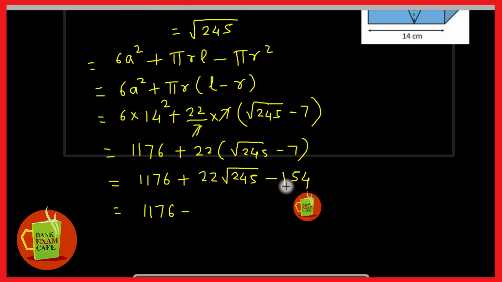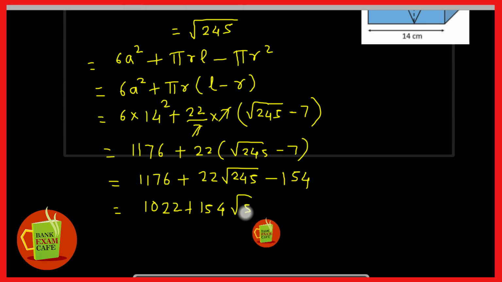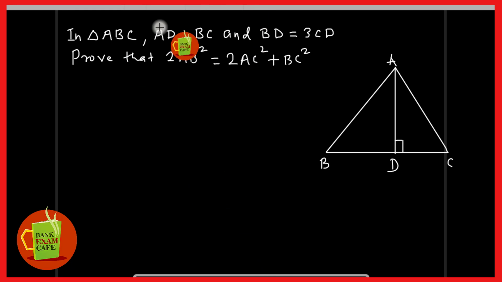We will do this subtraction, 1176 minus 154, that will be equal to 1022 plus, here this 245 can be written as 7 root of 5, correct? So it will be 22 into 7, that is 154 into root of 5, and therefore the area of the remaining solid will be 1022 plus 154 root 5 square centimeter. Now let us move to the next question.